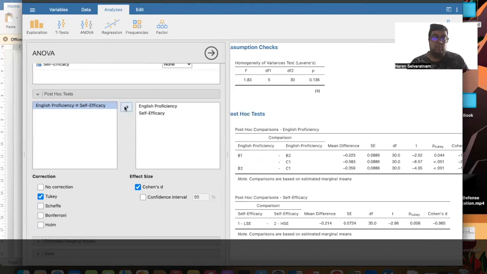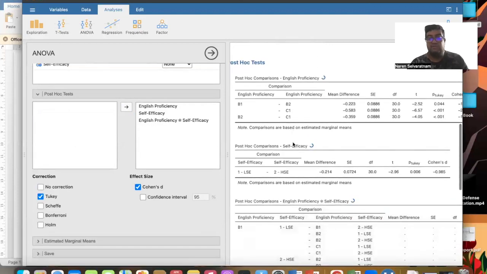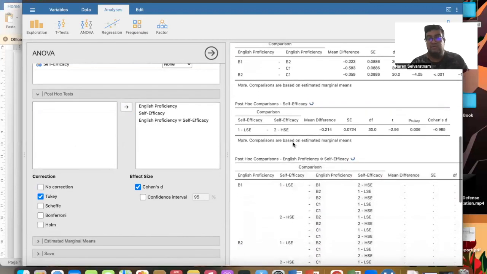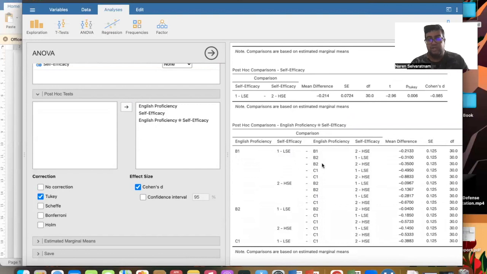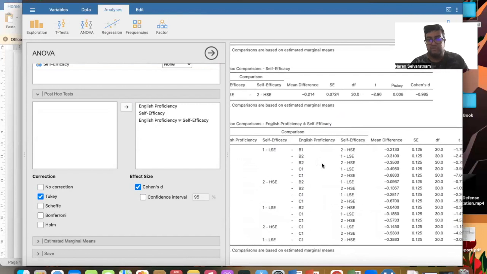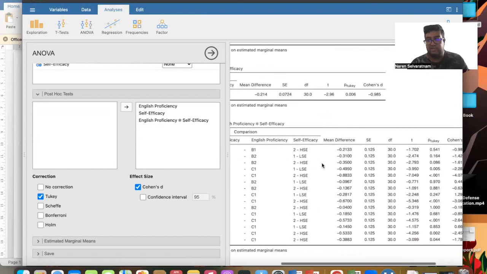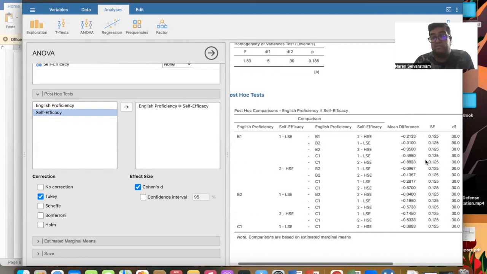And if I put both of these, because we were interested in a 2x3 design, here, if we do this, you can see out of the 6 groups which ones are statistically significant. Now, you have to read it like this.